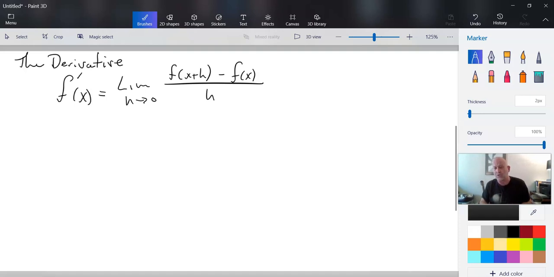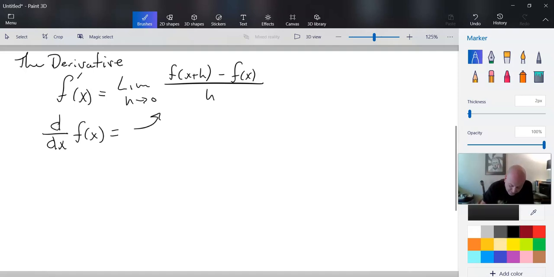I'm going to put the two we're going to use the most first. So the other notation is d/dx. You would say d/dx of f of x is equal to all that, right? That's another notation.